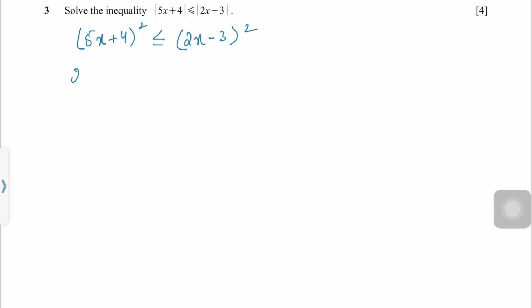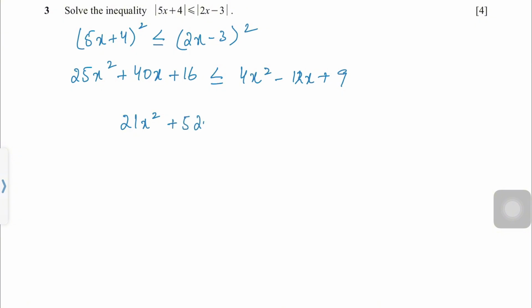So we'll be expanding this, we get 25x squared plus 40x plus 16 less than or equal to 4x squared minus 12x plus 9. So this would give us our final simplification as 21x squared plus 52x plus 7.